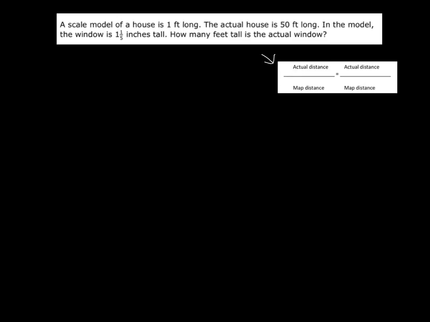The actual house is 50 feet long. And the actual window is what we don't know.